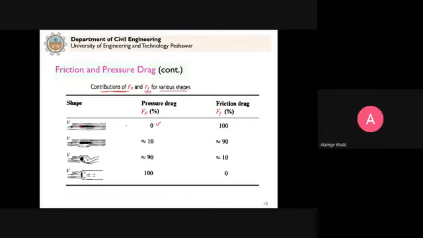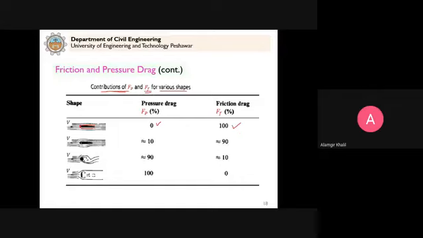But as the fluid moves over the top and the bottom of this body, significant resistance is offered due to friction, and that's why the friction drag is significant.